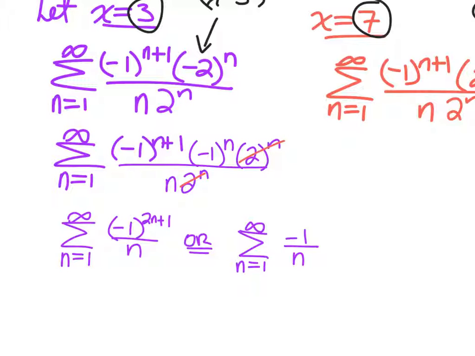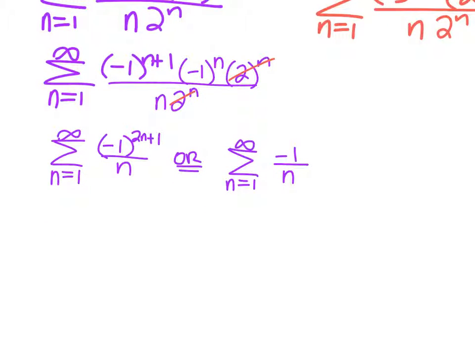P-series, yeah. All right, so the first thing I would do, though, is pull out the -1. So that I'm not confused by the presence of that negative there. All right, so then I would just need to know, okay, 1 over n, what's happening there?